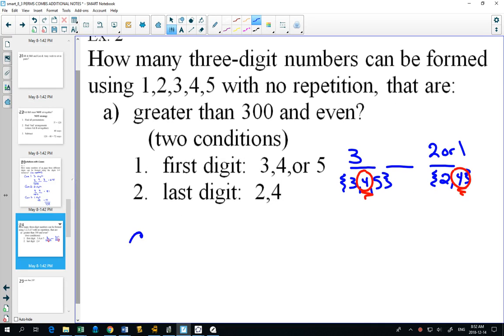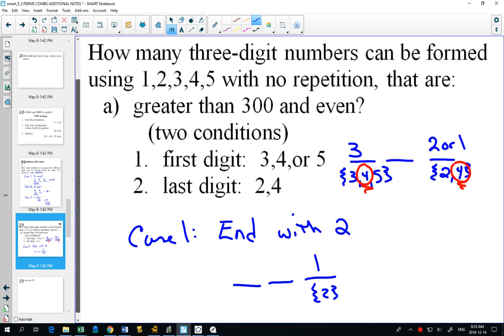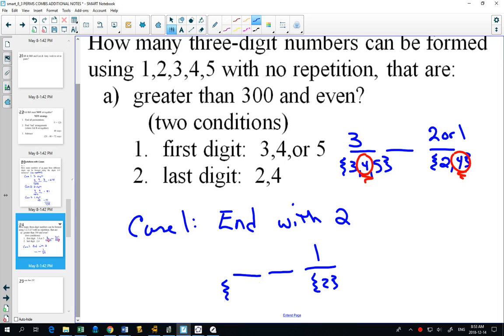So how do we use cases? Well, we take one of our restrictions and split it up, right? Since my last restriction has only 2 choices, I'm going to split up my last restriction. I'm going to look at case 1. I'm going to count all the numbers that end with a 2. Well, if it ends with a 2, I only have 1 choice. Now, my other restriction, how many choices would I still have for my first digit?